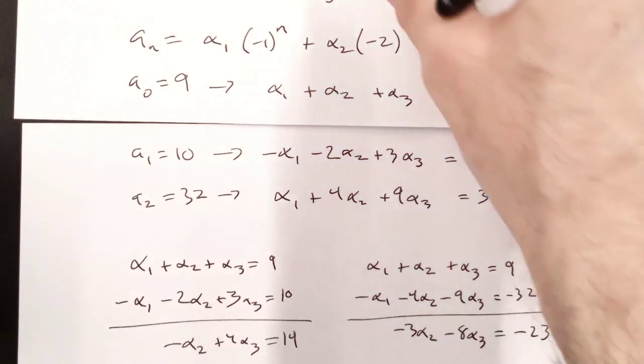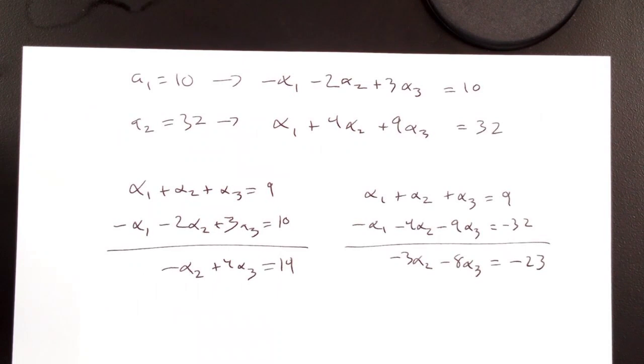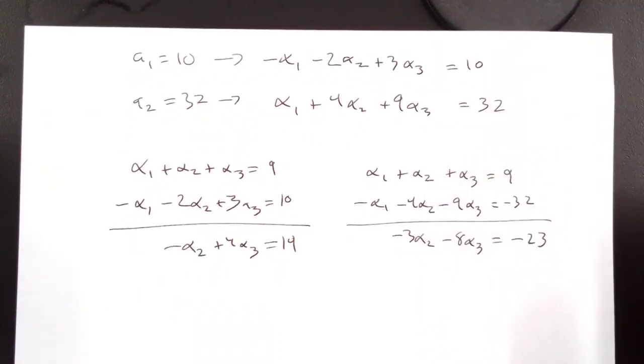Now I have 2 equations and 2 variables, don't I? Notice, by the way, this is the same set of equations I would have gotten if I'd done what you suggested, Emily. If I take alpha 1, made it 9 minus alpha 2 minus alpha 3, and then plugged into the second equation and the third equation, I get exactly these. But 2 equations and 2 variables, I know how to deal with that.